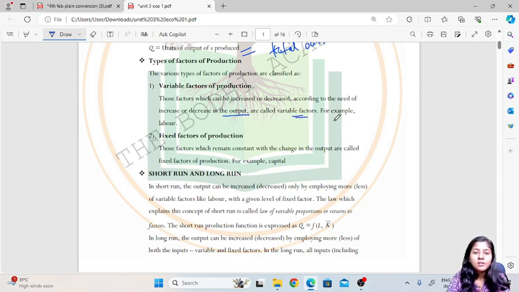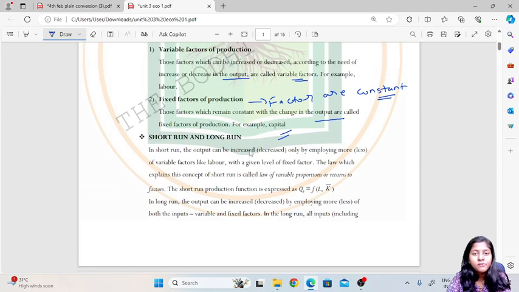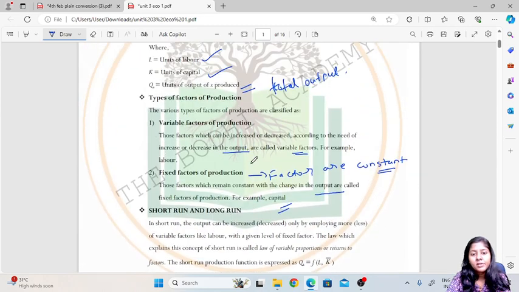Fixed factors of production are those factors which remain constant with the change in the output. That is called a fixed factor of production. Example: capital is the fixed factor of production and labor is the variable factor of production. So this we have discussed.